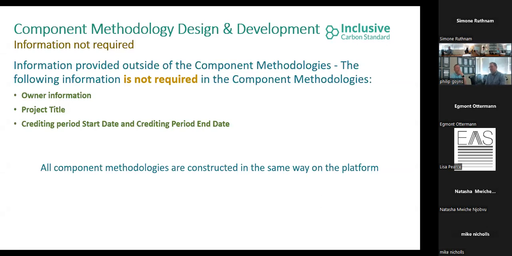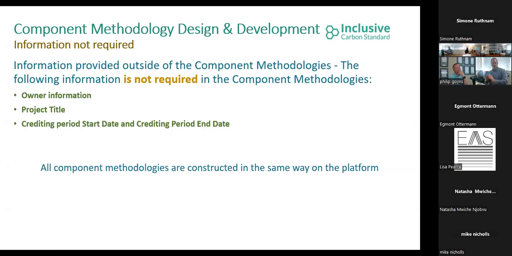Then there are certain things that are not needed in the component methodology, because it's a template, a framework that's used for projects. So you wouldn't capture project-specific information in a component methodology, because that will be captured when you create your project. You will give the project name and the project details, all of that is part of the project.